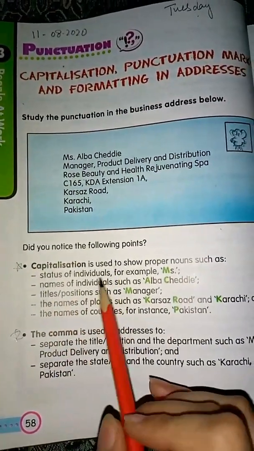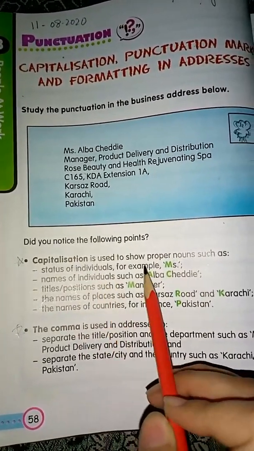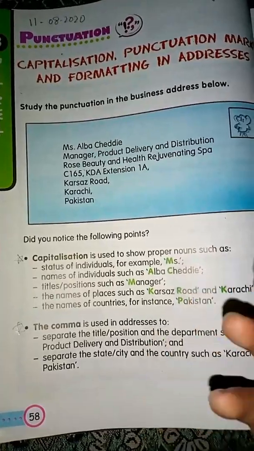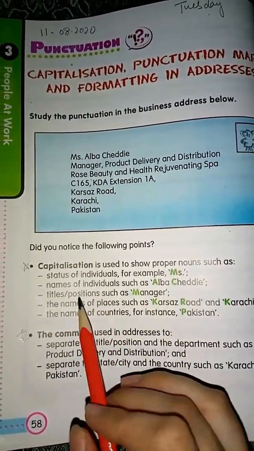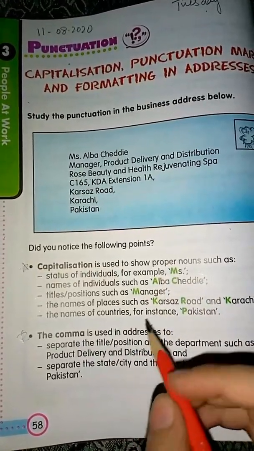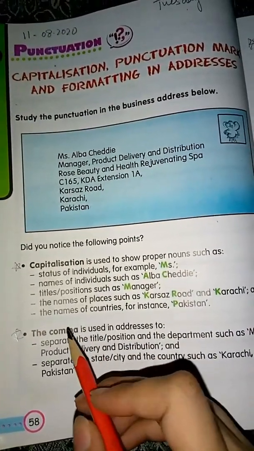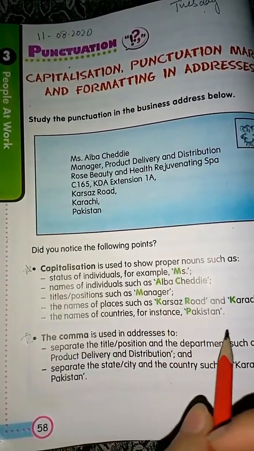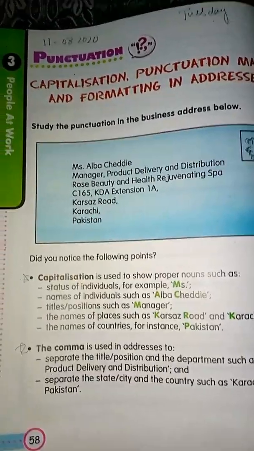We use capitals when we tell the status of an individual, for example Miss, Mrs., Sir or Mr., then names of individuals, then the position of the person, that he is a manager, an engineer, or whatever he or she is, and then the names of places, countries, roads or whatever it is.